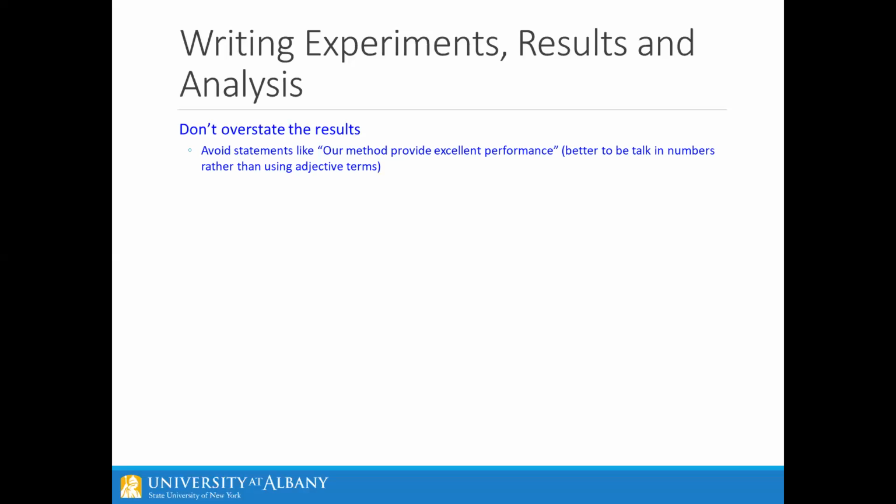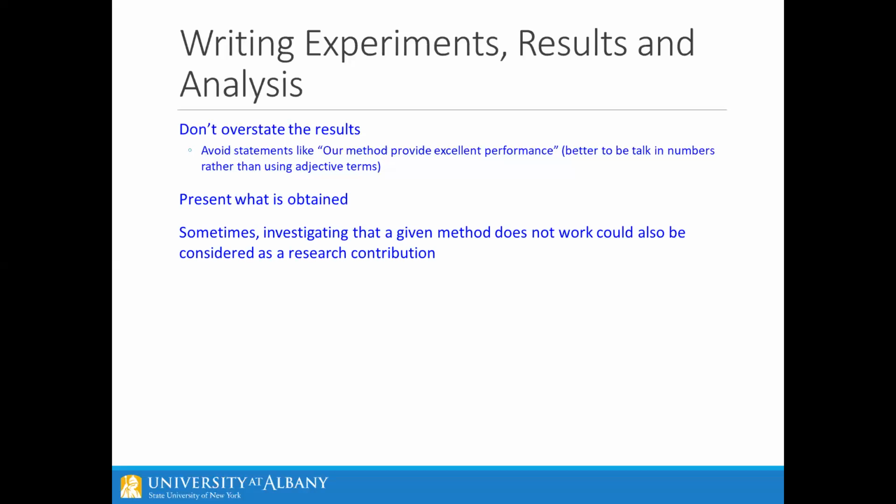We should not use phrases like our results are excellent and so on. Better to tell it in numbers. Okay. We should present what is obtained, not like we didn't get results and we actually are presenting them in the report. That is like a lie or false statement to make. So we should only present what is obtained in our experiments. Okay.